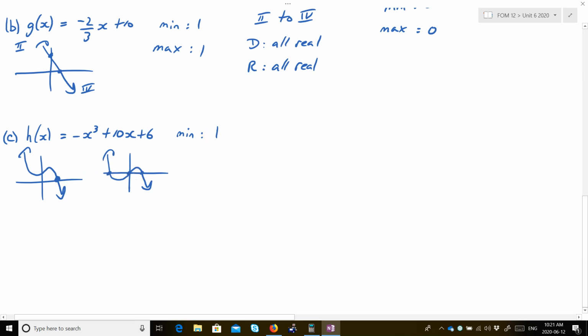So the minimum number of x-intercepts is 1. The maximum number of x-intercepts is 3. Negative cubics go from quadrant 2 to 4 like this. The domain is all real and the range is all real.